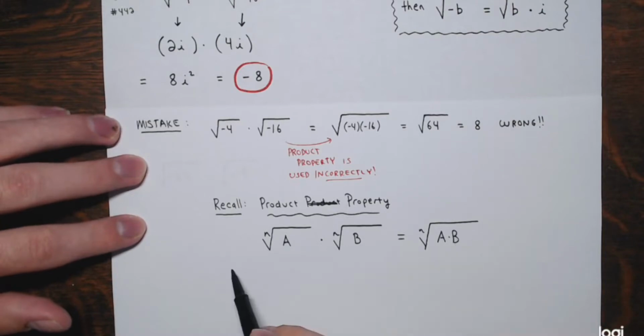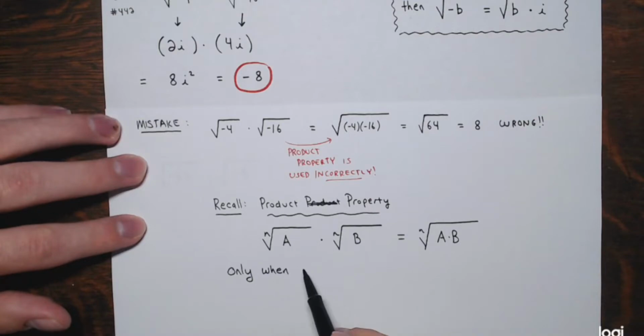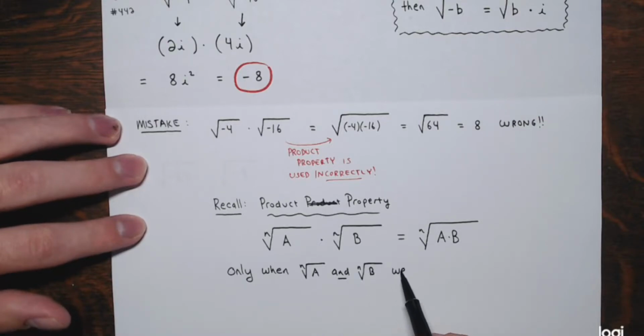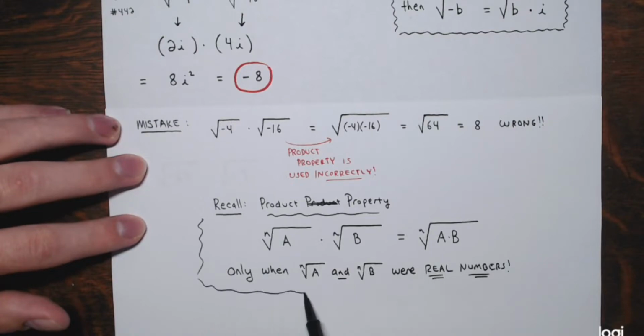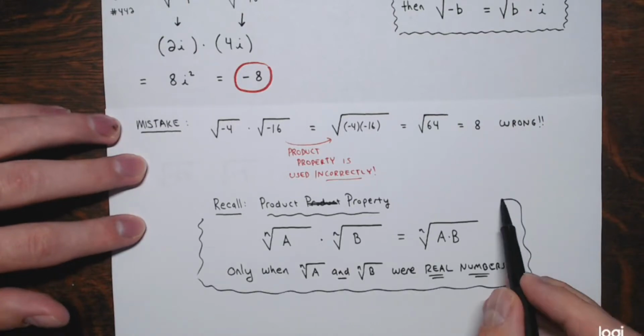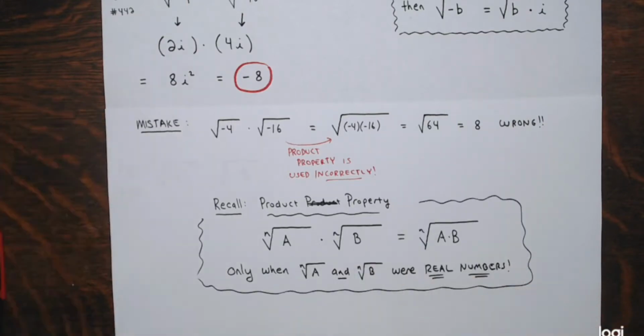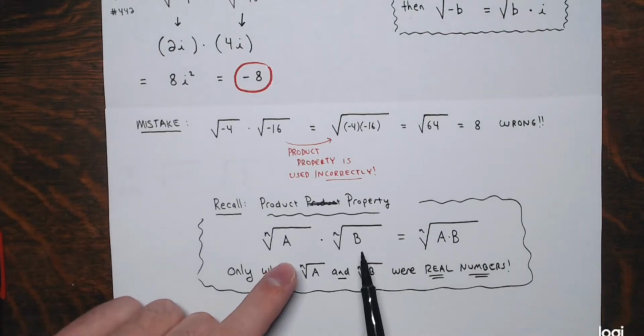But this was only when the nth root of a and the nth root of b were real numbers. That was the key. So that property, this product property for radicals, only applies to real numbers.